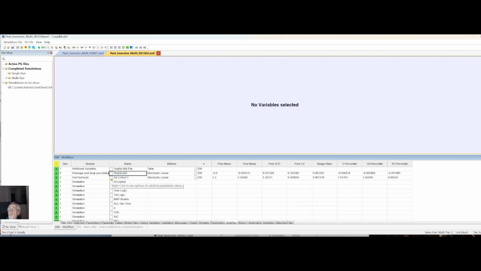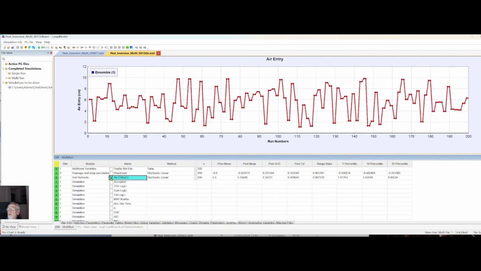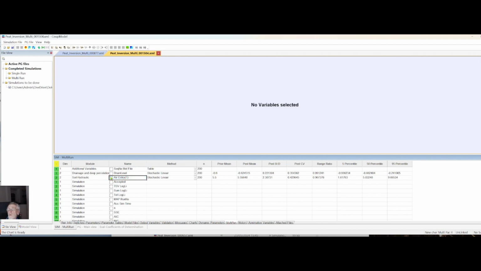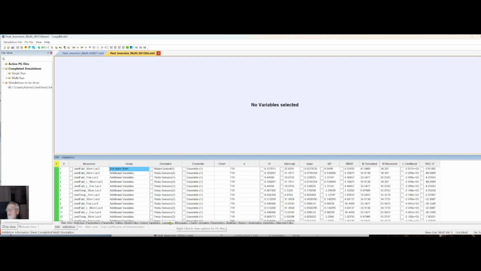One loop goes fast and the other goes later on. So we have now a more interesting testing of the model with different drain levels and different air entry values, and it will be nice to see what type of impact it has.